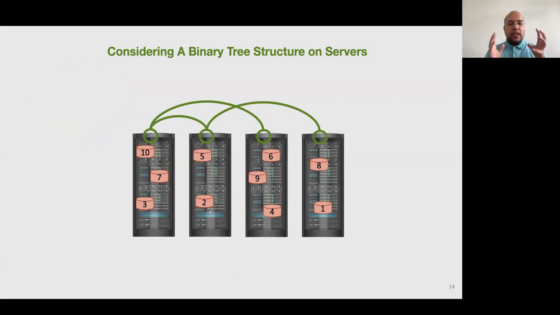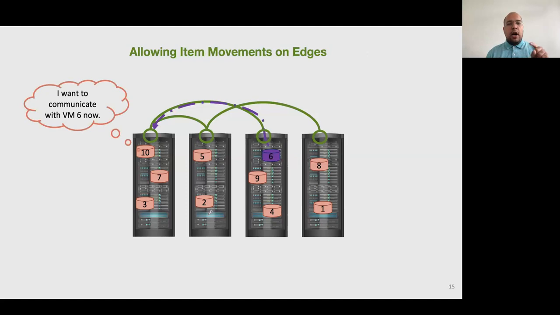The operations that we have are moving items on a link, or servers on a link. You can take a server and, with cost 1, move it, or you can do a search, and with cost 1 you can access an item.